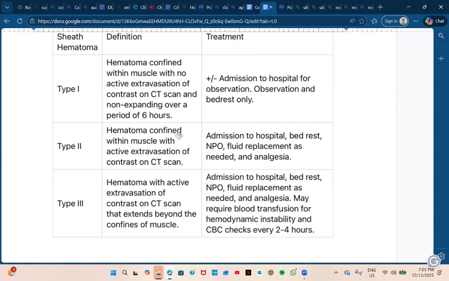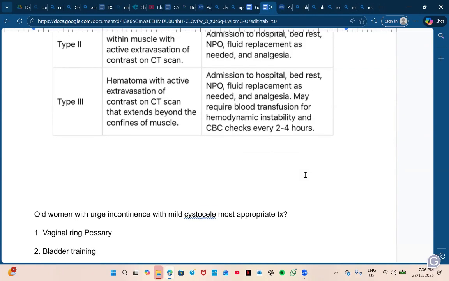In this case, admission to hospital, because I already said the gold standard is CT. According to the CT only, we decide the treatment. So admission to hospital, bed rest, nil by mouth, fluid replacement as needed, and analgesia. In this case also, conservative measures.